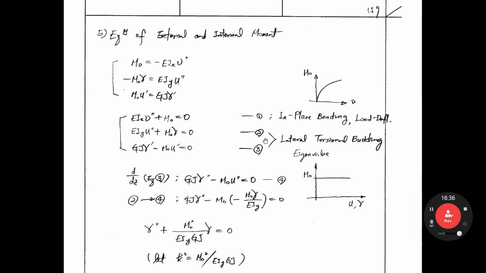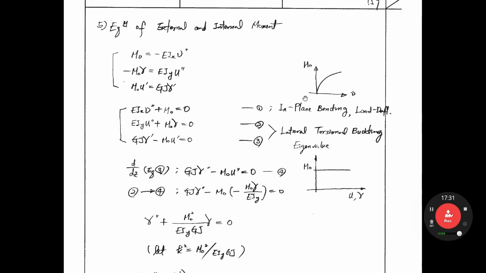Equation 2, equation 3, you see here u2 prime, gamma here, gamma prime, u prime. At the beginning of the beam, I mentioned u and gamma, they are coupled. As you see, they are related to each other. Gamma prime, u prime. So u is a lateral displacement, gamma is torsional angle. So these two equations represent lateral torsional buckling.